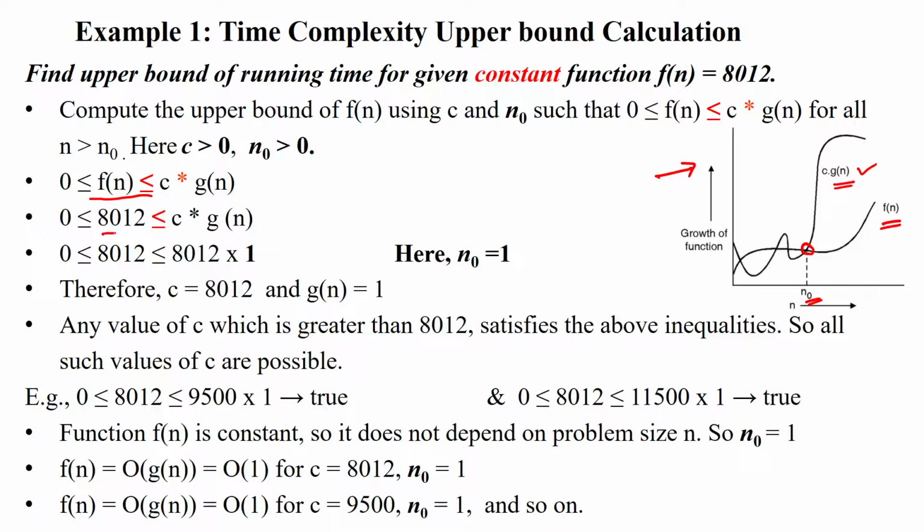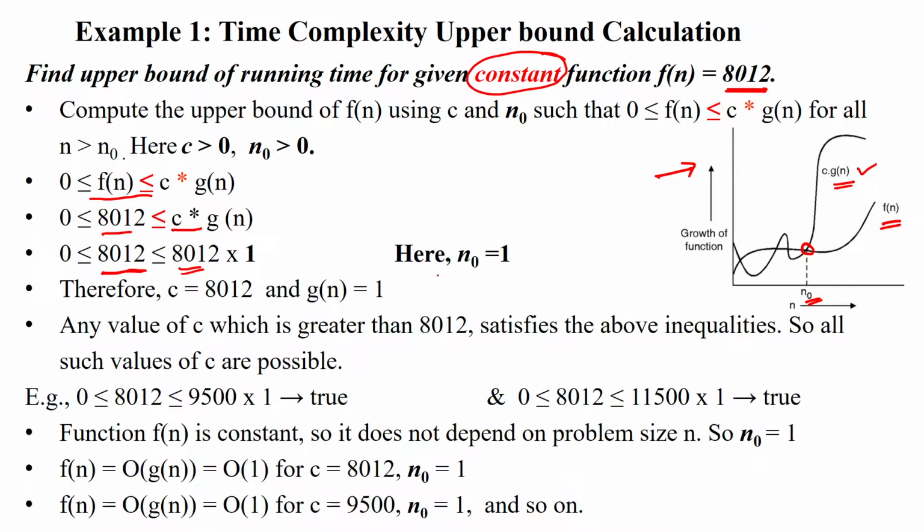So the f of n is 8012, and c we don't have yet, but it is a constant. Already we know the given value is constant, so c equals 8012. So we get 8012 less than or equal to 8012.